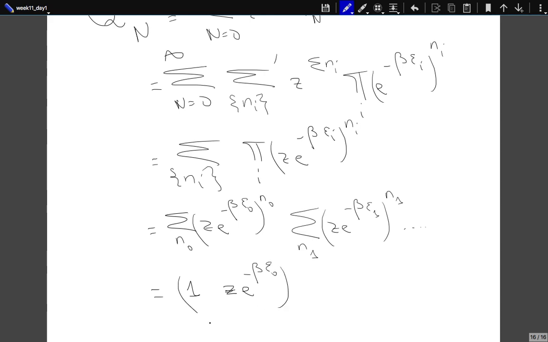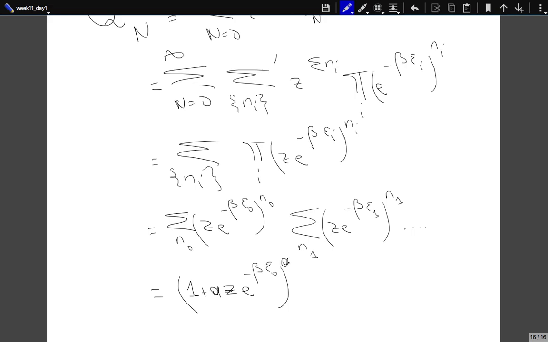And keeping in mind my convention of a's, A was minus 1 for bosons and plus 1 for fermions, let me just add the A over here. At least for fermions, it gives me the correct expression: for fermions, A is just 1 and n_0 takes the value 0 or 1. For bosons, n_0 can take values from 0 to infinity, and then the sum is nothing but 1 over 1 minus z times e to the power minus beta epsilon_0.